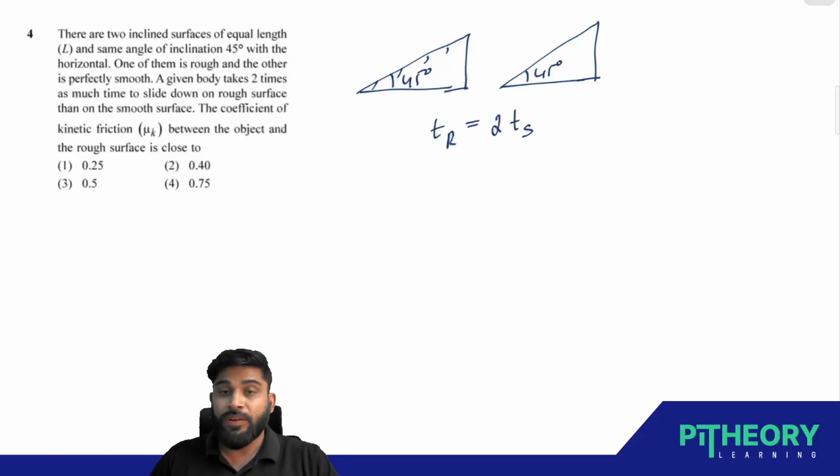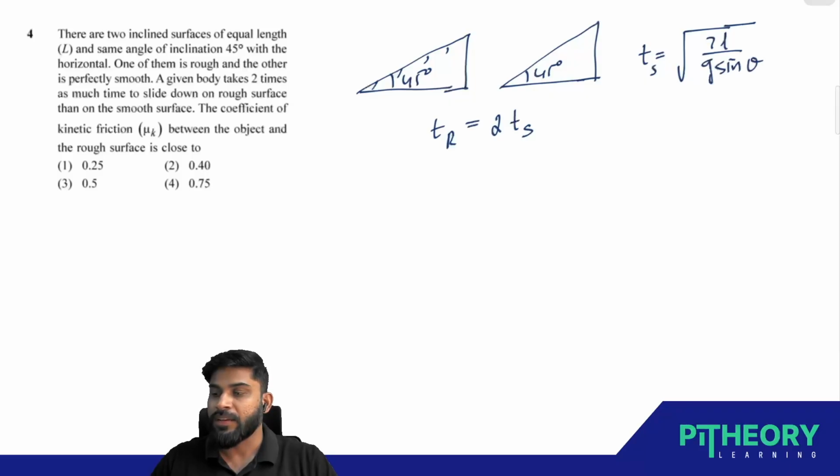So here we are going to use the time of slide for the smooth and the rough inclined plane separately. In the case of smooth, you can write the time as root 2L divided by g sine theta, because the acceleration down the incline is g sine theta, which we got by applying the equation of motion directly.